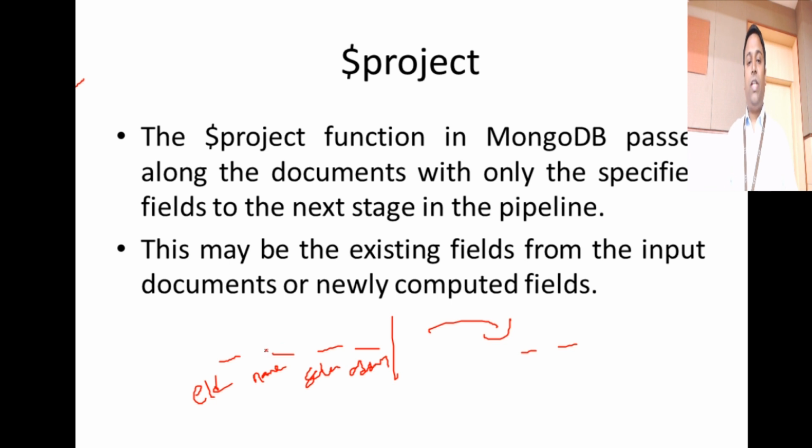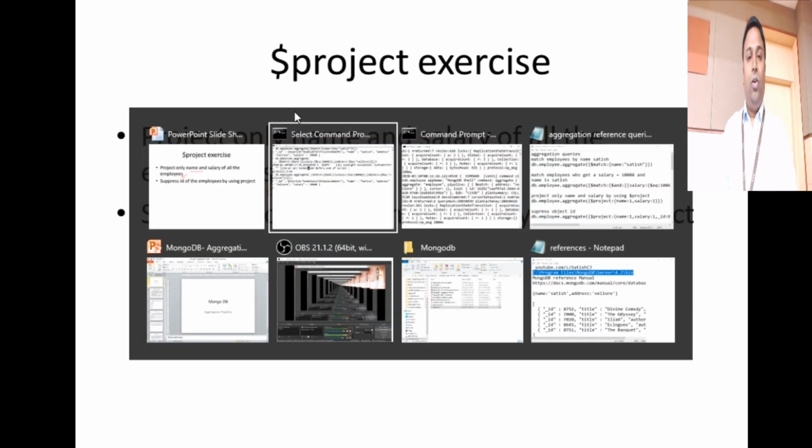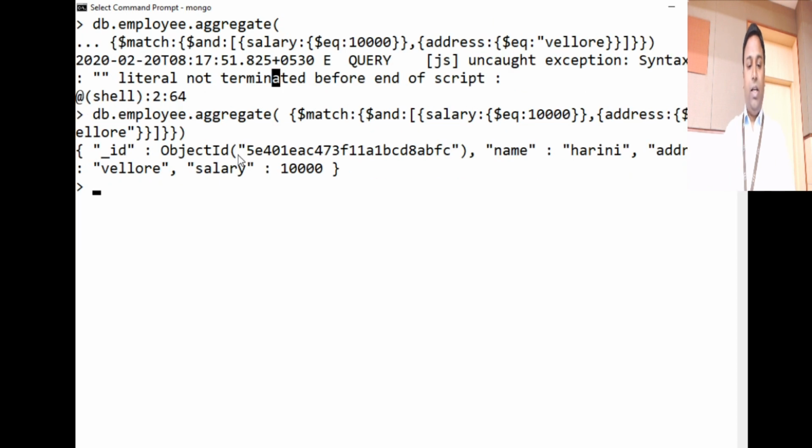I just want to project only 2 fields, maybe name and address, to go to my next stage. So for that, I'm going to use the stage name $project. And we'll take an exercise here. Project only name and salary of all the employees. So we'll go and see how to use this $project in our query.